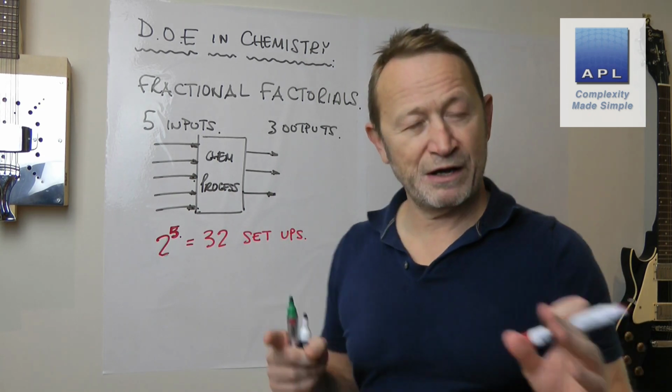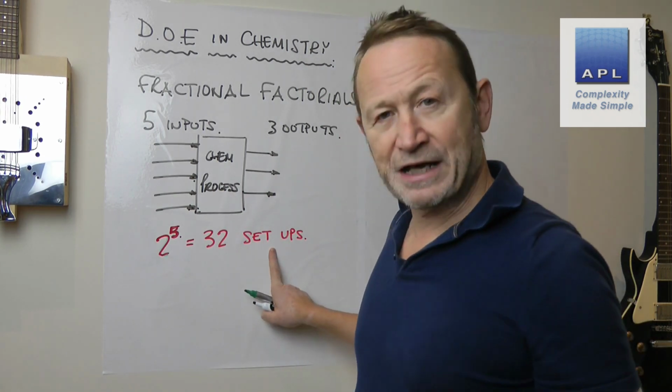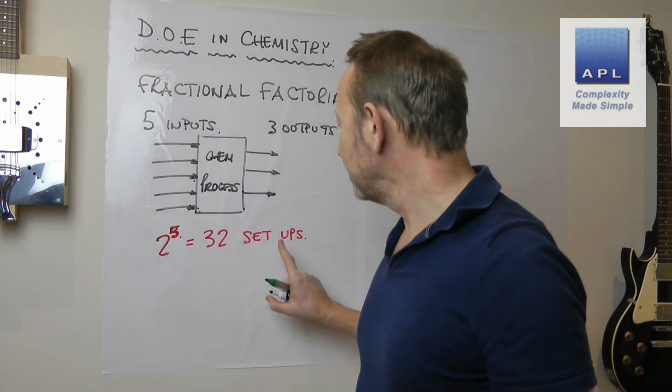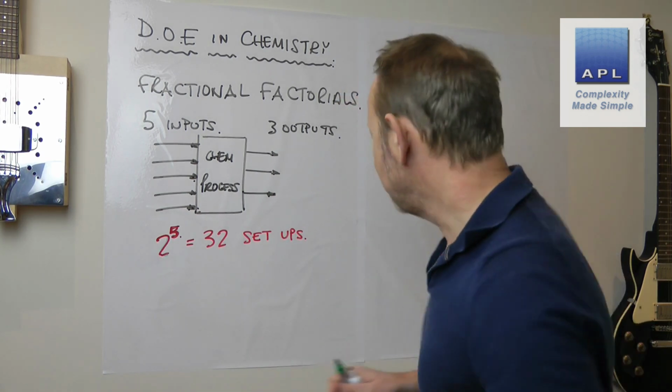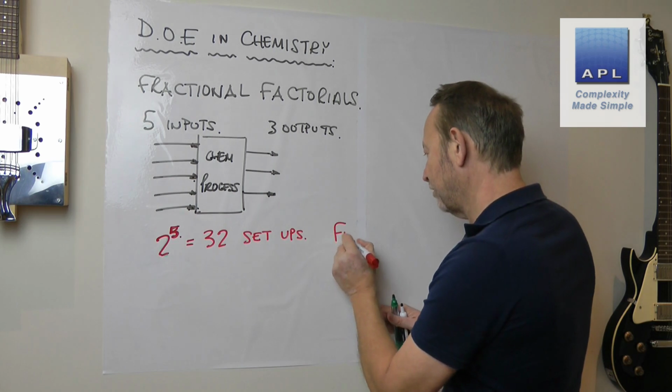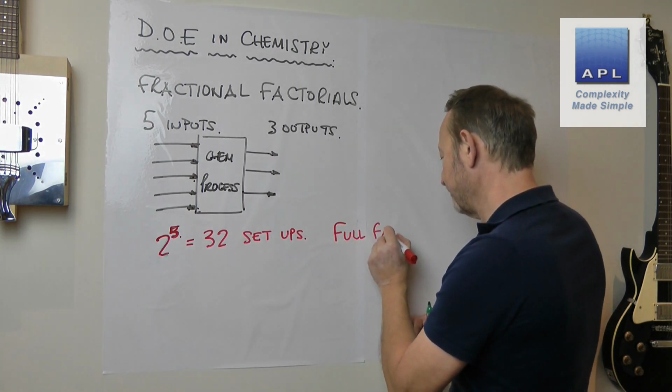And this is the one where in physics I typically get this cut back, okay? So you're going to do 32 recipes. Now that is your full factorial.